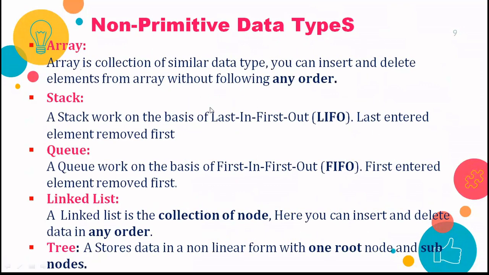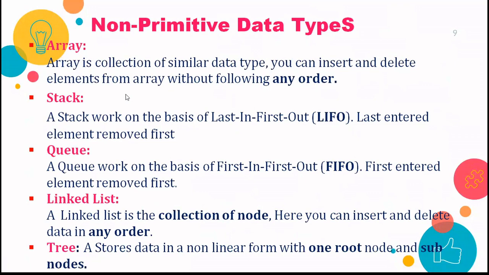Then in non-primitive data types, we have array. And what is an array? Array is a collection of homogeneous data, right? In this data structure, you can insert any element at any particular location, and similarly, you can delete any particular element from the array. So there is no fixed order.